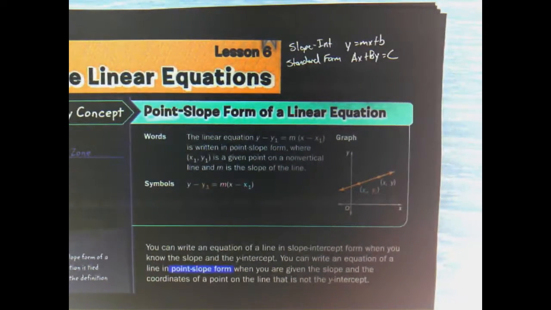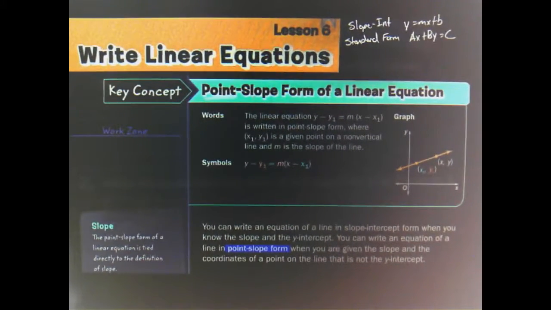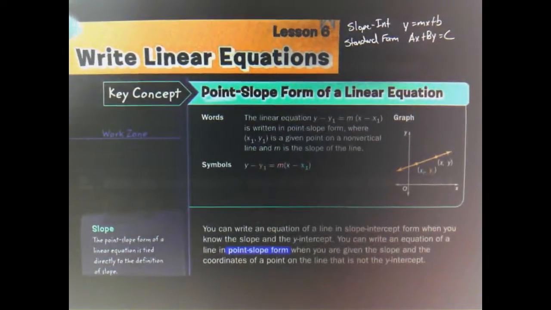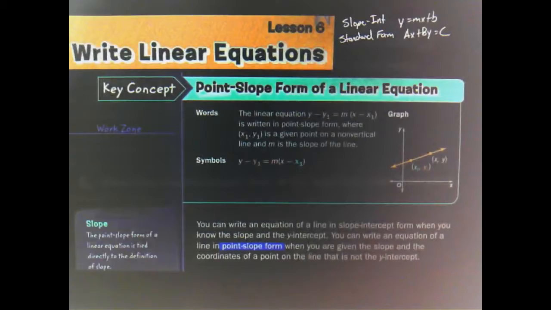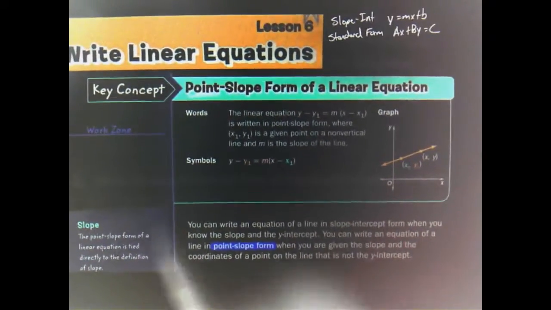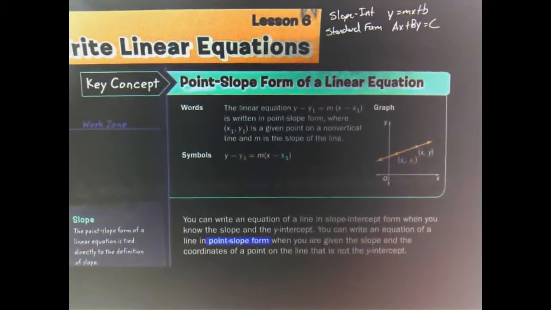The point-slope form of a linear equation is tied directly to the definition of slope. I could go through and show you how that all works, but in the interest of time, I will not. But if I'm gone from class or you see me in person, feel free to ask me, and I would love to go through it with you. But anyway, that's where we end up at this equation as we use the definition of slope.